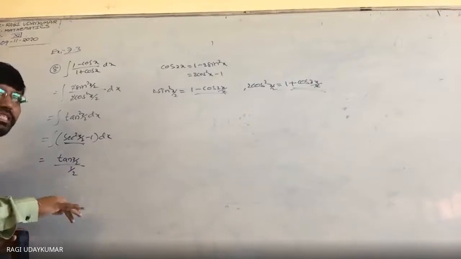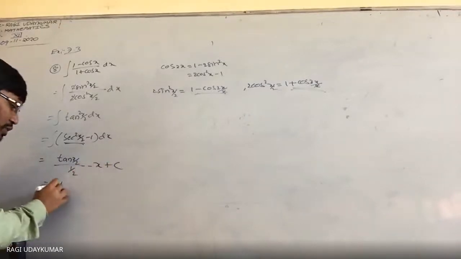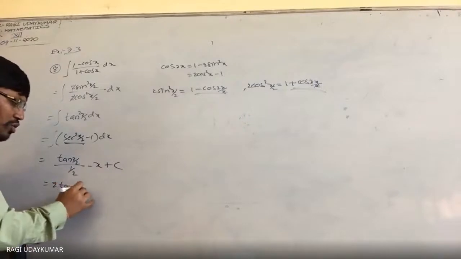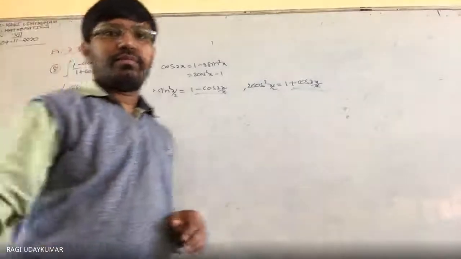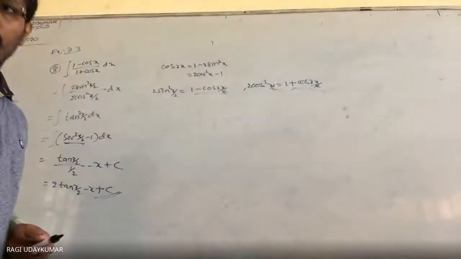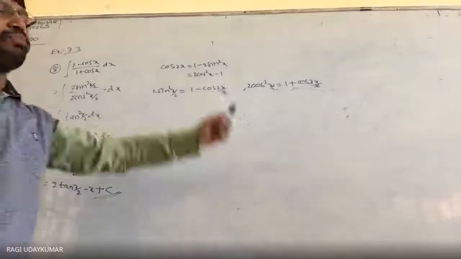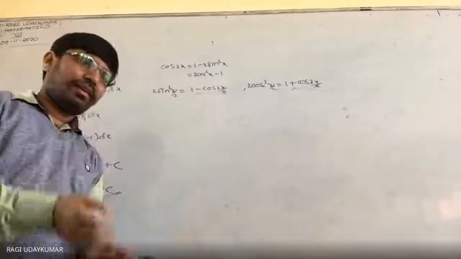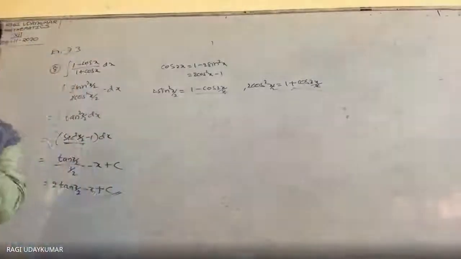So differentiation denominator में आ जाएगा minus x plus c. So which is nothing but 2 tan x by 2 minus x plus c. This is the answer. समझ में आया? Is it okay? Yes, sir. Yes, sir. Yeah. Like this, we call this as a submultiple angles. Submultiple angles वही है. Multiple angles में थोड़ा सा change करके means by 2 form में लेके आना है.